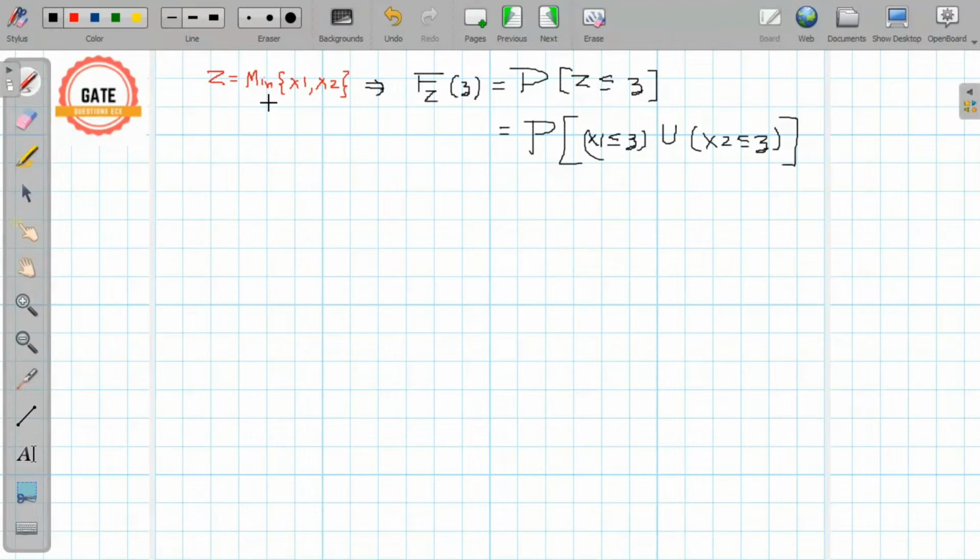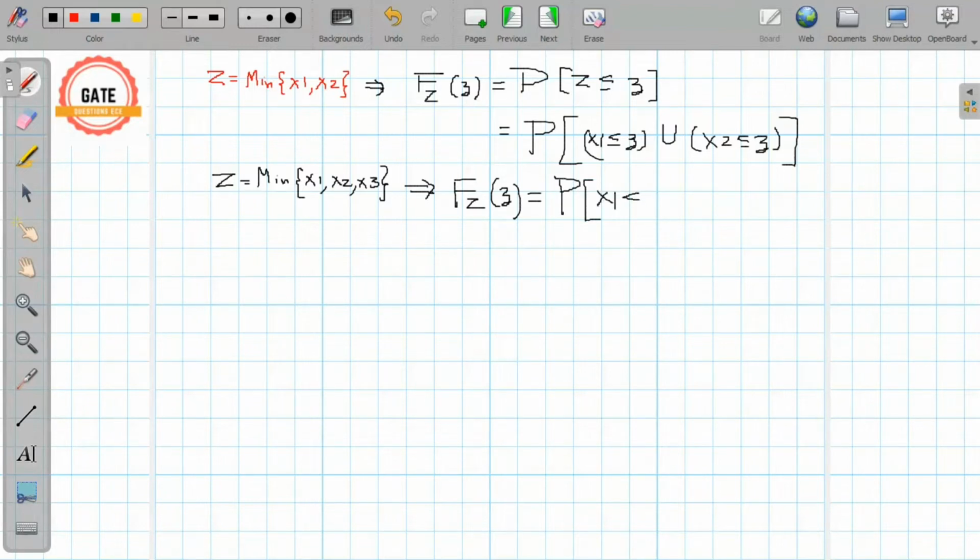Similarly, for three random variables X1, X2 and X3, if Z is the minimum of X1, X2, X3, we can write its CDF as the union of three regions.